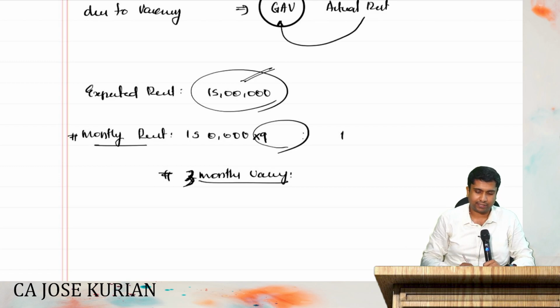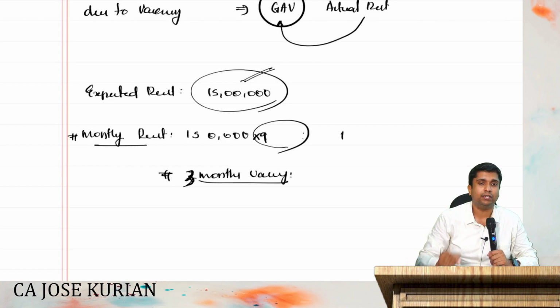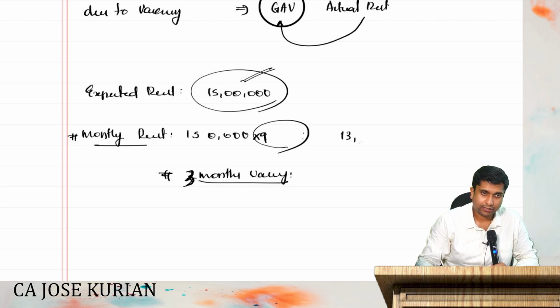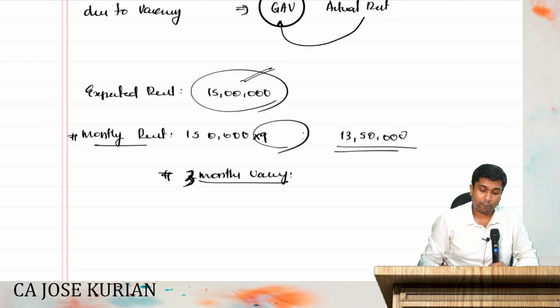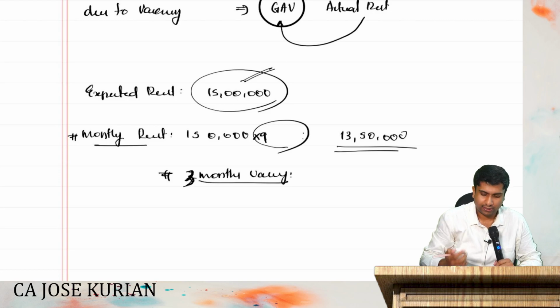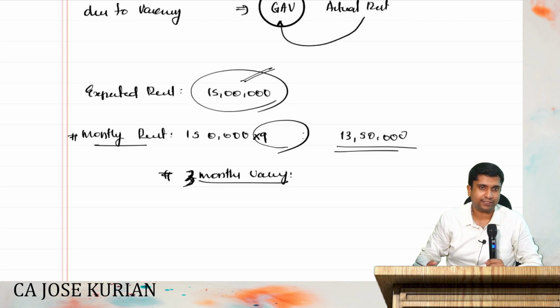Then 1,50,000 into 9. How much will be the total actual rent? 13,50,000. Here you can see, if the property was throughout let out, throughout occupied, then 1,50,000 into 12 I would have received.